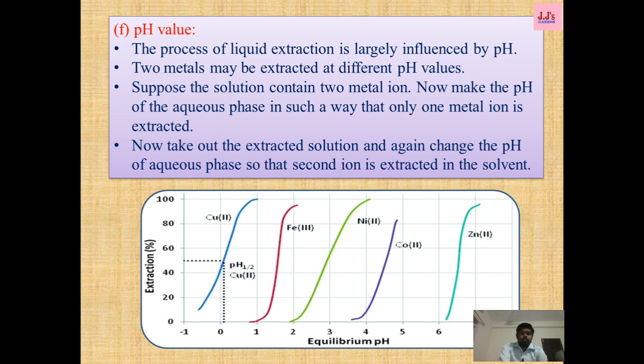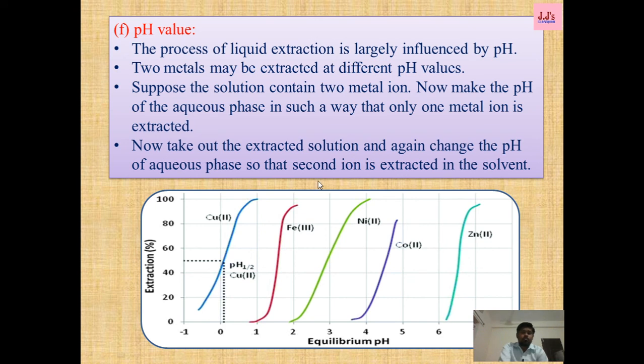In your aqueous phase there are 1, 2, 3, 4, 5 metals: copper, iron, nickel, cobalt and zinc. These 5 metals are present in an aqueous phase. If I want to extract only zinc, then I set the pH of the aqueous phase to, look here, 7.2. If I set the pH to 7.2, then only zinc undergoes extraction, and the rest of the 4 are not extracted.